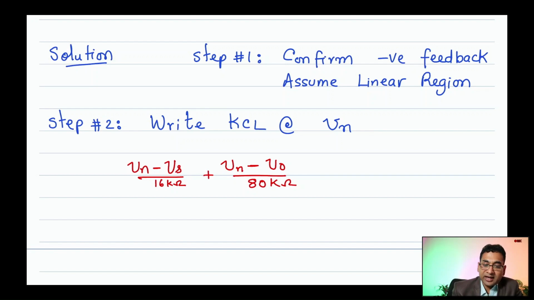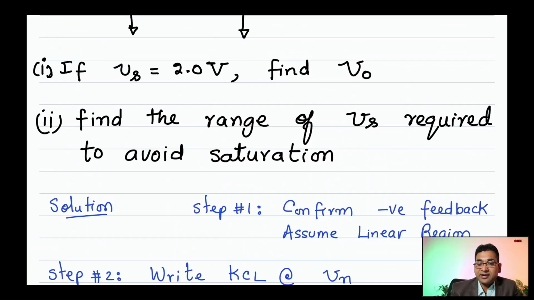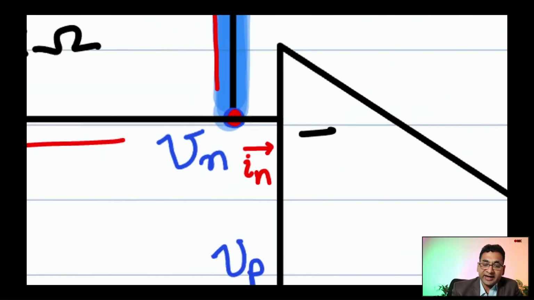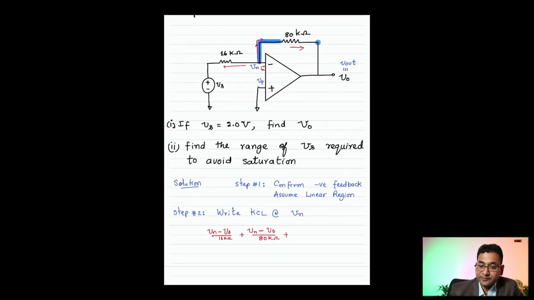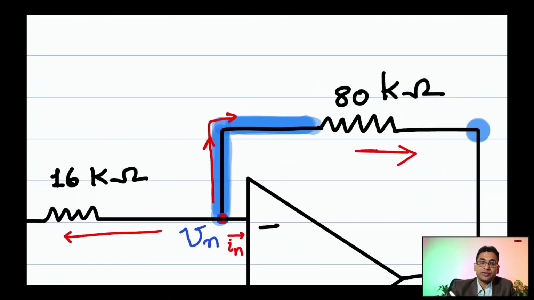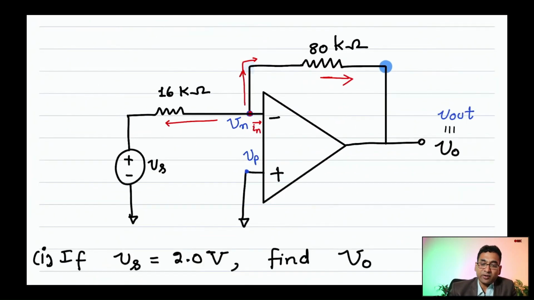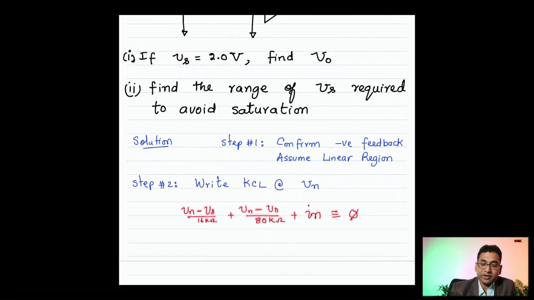Plus, there is another branch current IN, right? There is a small current IN. So all of that should equal 0. That is the idea of KCL, right? All I did was to sum all the currents leaving that Vn node and equate that to 0. KCL at node Vn.